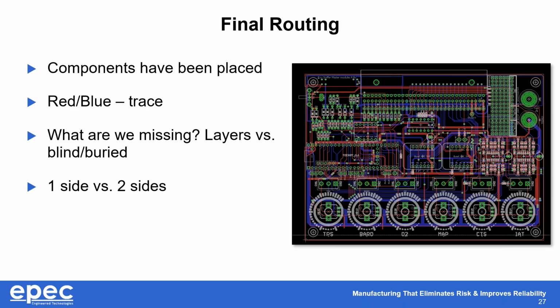Versus adding blind and buried vias, adding a layer is always going to be less expensive than adding blind or buried vias. So one side versus two side components, 2-layer versus 4-layer, 4-layer versus 6-layer, always a better option than to add blind and buried vias. And we can help you decide that.